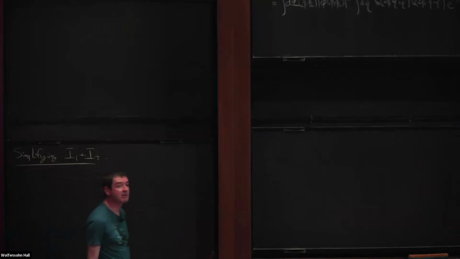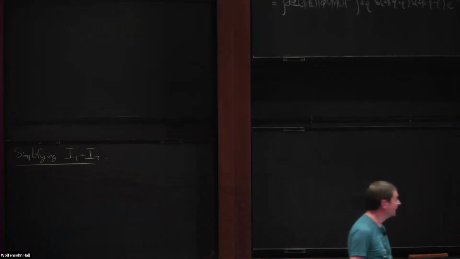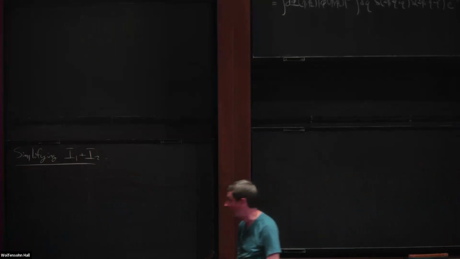Okay, so simplifying. All right, so there's going to be 3 steps here. So the first step will just be a little trick with the integrals. Then I'm going to deal with the L mu that's sitting in there. And then I'll add the I1 and I2, and things will become spectacularly nice.